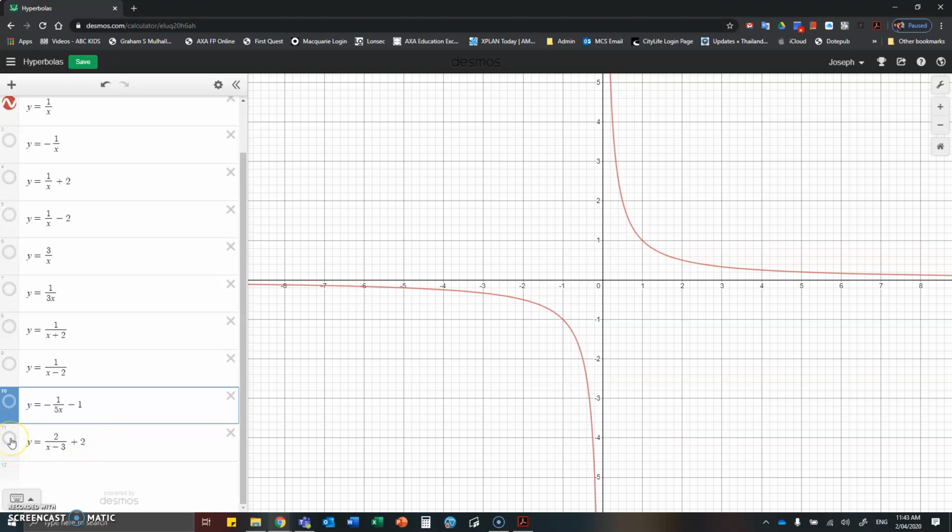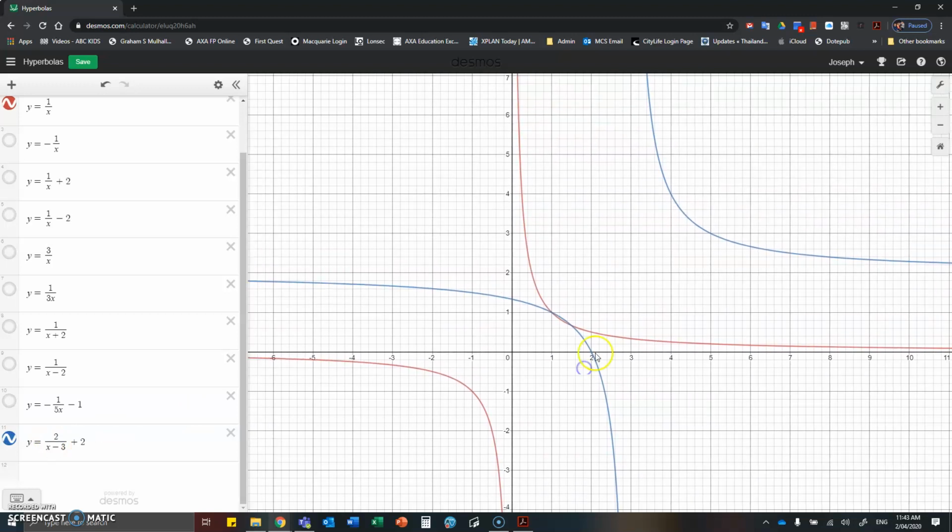Okay, so let's have a look at that compared to y equals 1 over x and see if we are right with our predictions. It's not flipped, remember, because the fraction is not negative, so it's the same direction. It has shifted 2 units upwards. So here's your horizontal asymptote at y equals 2.